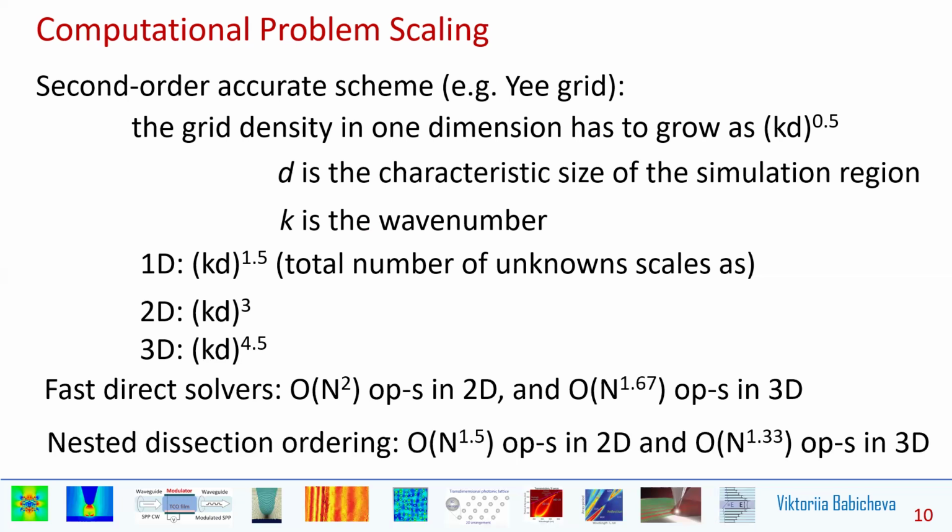Basically, the nested dissection ordering method permits the direct solution of the matrix systems in the order of n^1.5 operations in two dimensions and n^1.33 operations in three dimensions.